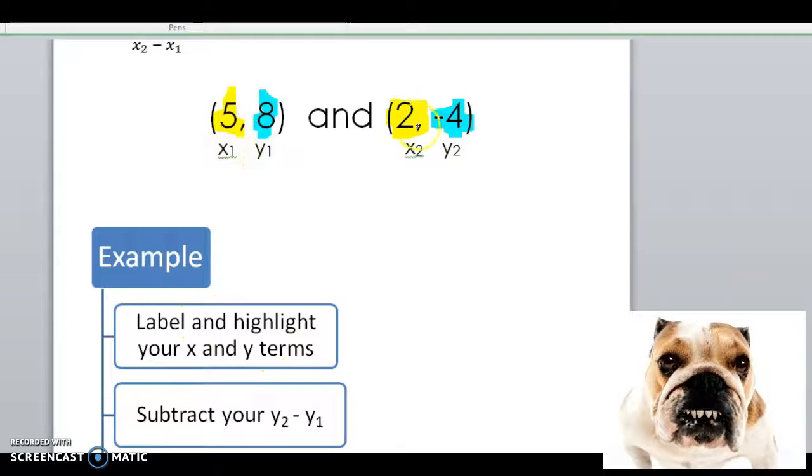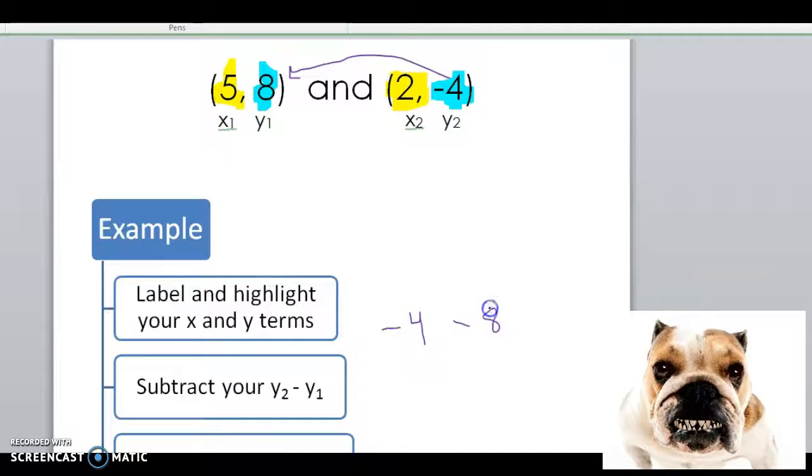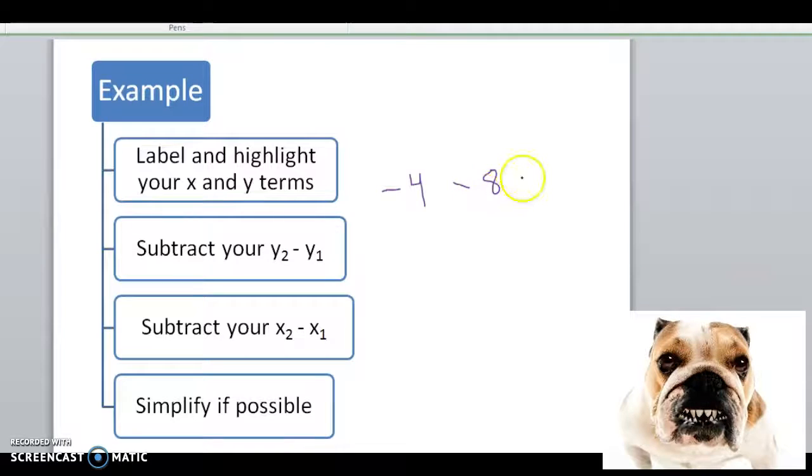x1, y1, x2, y2. Subtract your y2 minus your y1. So I'm going to take negative 4 minus 8. Once I start applying negative numbers, I recommend you use a calculator just to check your work.